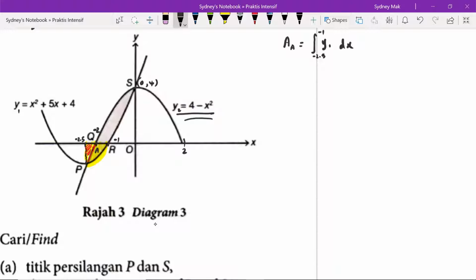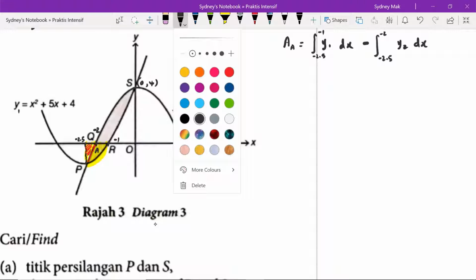We only want part A, so we have to subtract the red shaded region, which is the integration of the sad face curve from negative 2.5 to negative 2 only, y2 dx. This will be the one that we need to find.